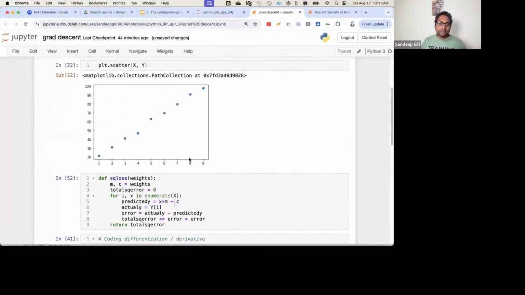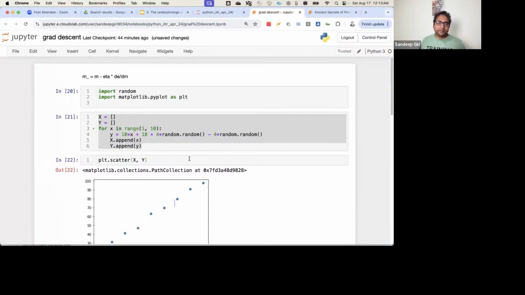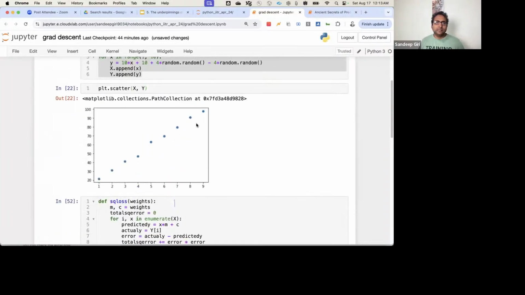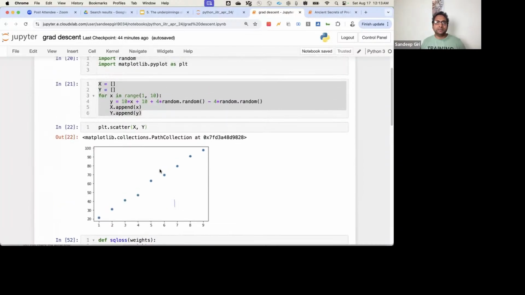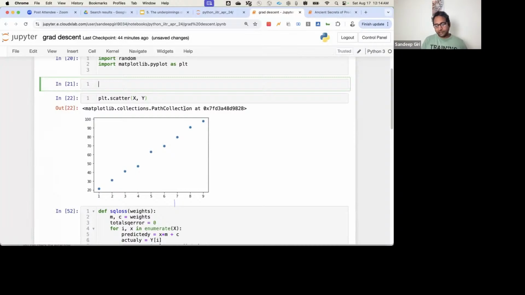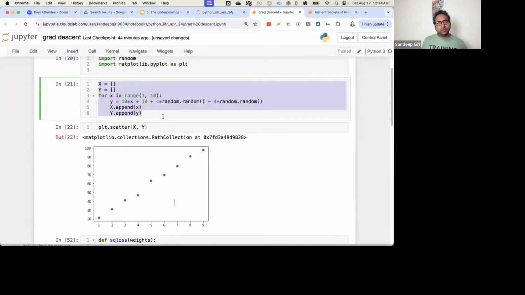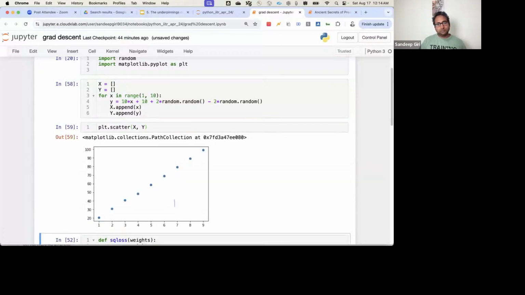I'm just wondering, did I make a mistake? I've done some randomization here. Should I try making it a little less random? This is just too nice.